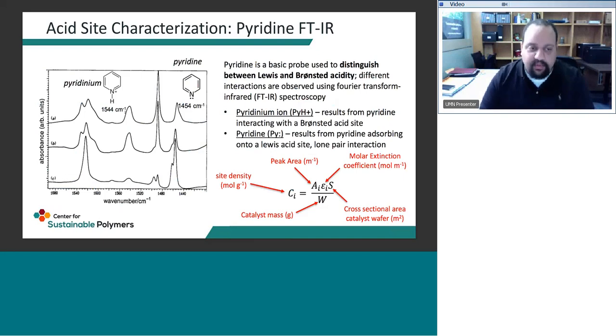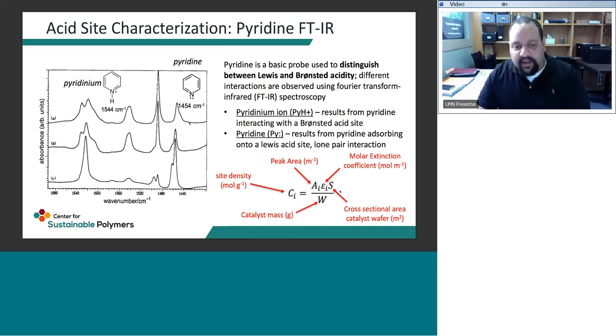It gives up that proton, and you form the pyridinium ion, which has a very characteristic wavenumber of 1544 centimeters inverse. Now, if you had, say, extra framework aluminum or Lewis acidity, you would have a lone pair interaction from the pyridine with the Lewis acid site, and you get a characteristic vibrational frequency at 1454 centimeters inverse.